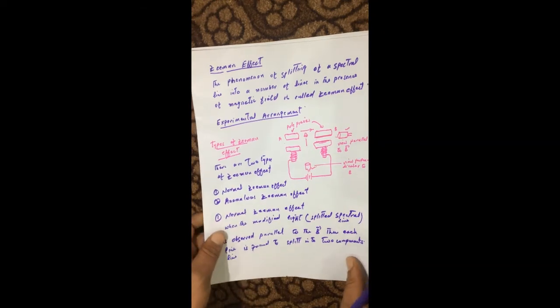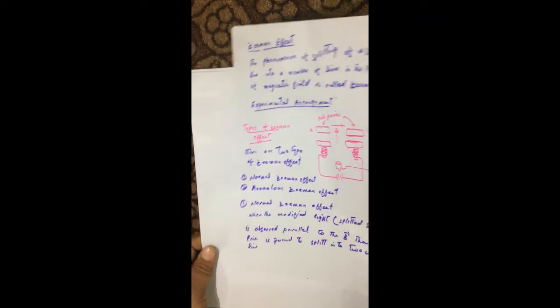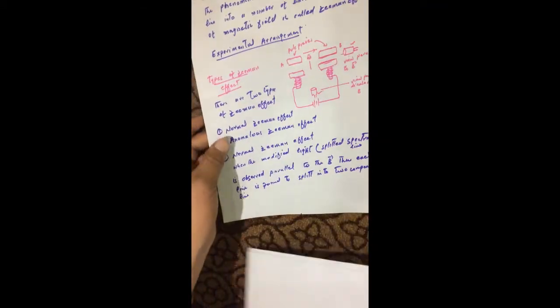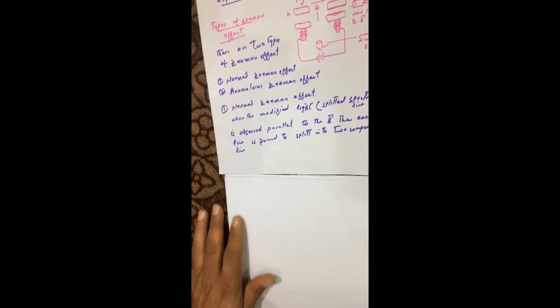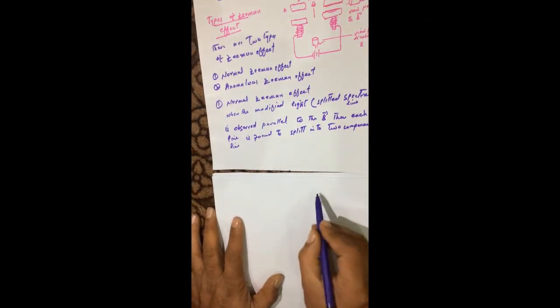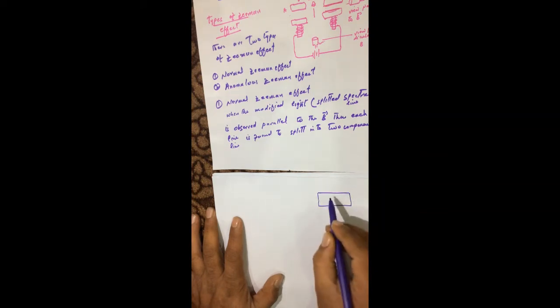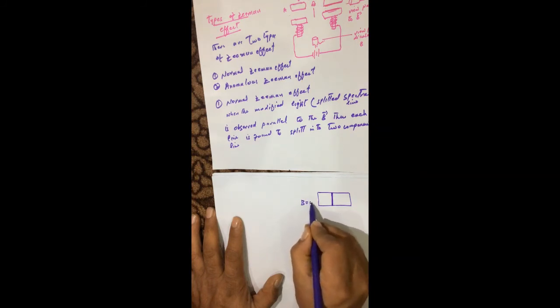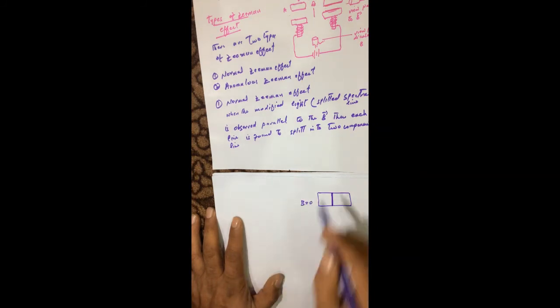So here, suppose we have a spectral line of zinc, which is a single line without magnetic field, and B is 0.